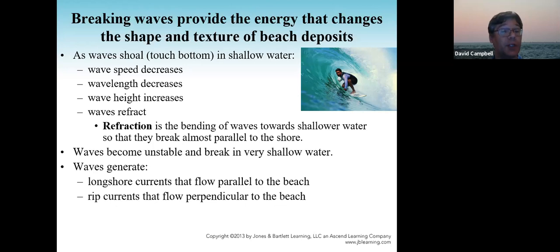Again, waves coming to shallow water, the speed, the celerity gets lower, the length shortens, the height increases, if my hands don't disappear here, and also we tend to get waves bending, refracting.